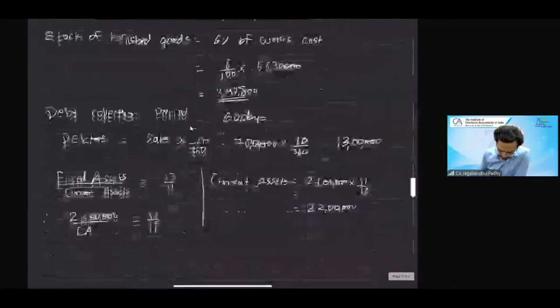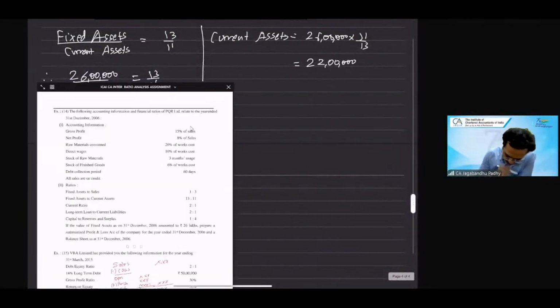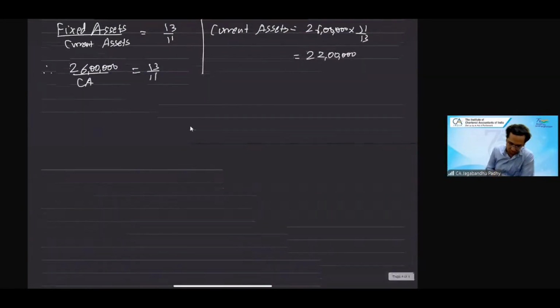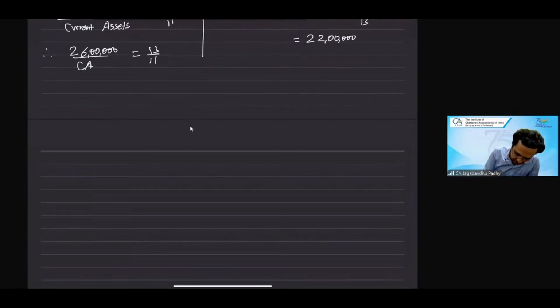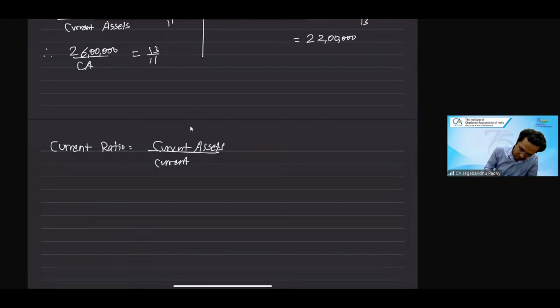Then current assets is done. Let's look at the other item. Then we have current ratio. So the current ratio will give us current liabilities now. Current ratio is calculated as current assets upon current liabilities, and the ratio is 2:1.